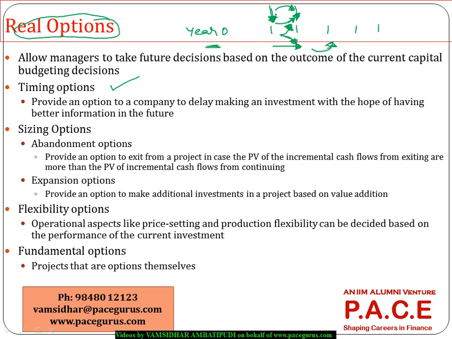It will say, I will take a timing option wherein I will choose whether to invest more or not at the end of 1 year, depending on how the cash flows are shaping up.